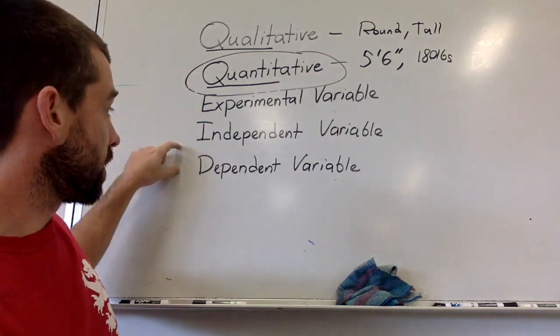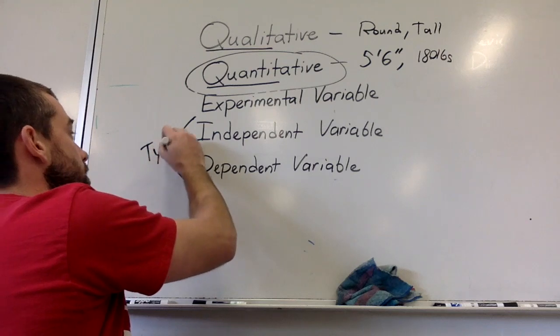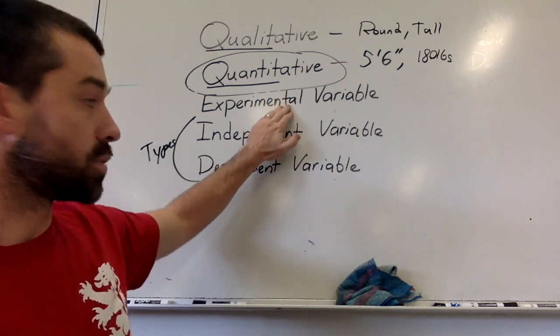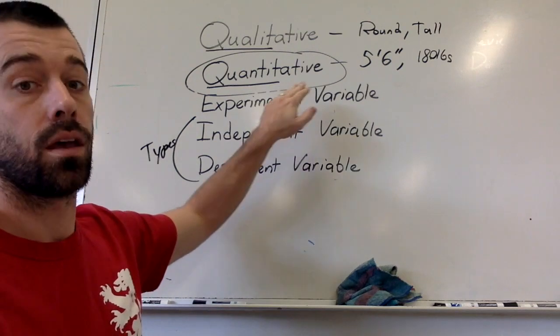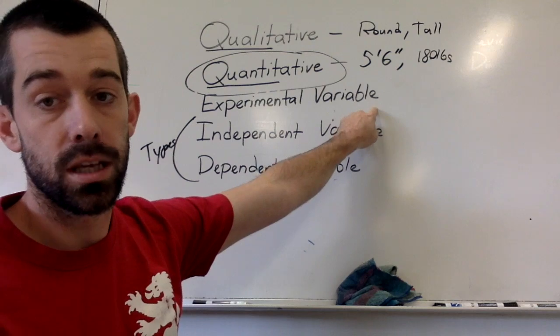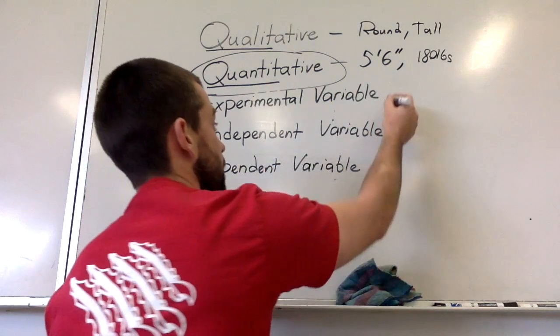Next thing, we have this idea of experimental variables. And experimental variables break down into two different types. The experimental variable is something that is variable in the experiment, something that will be changing.